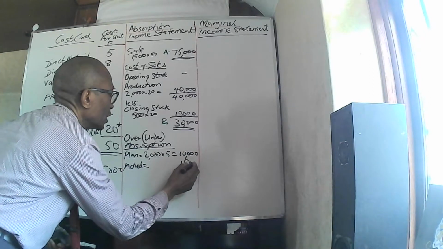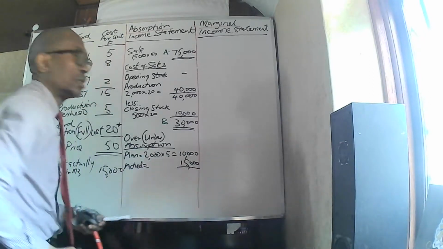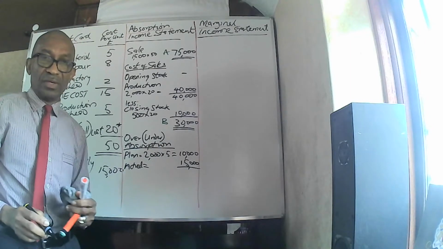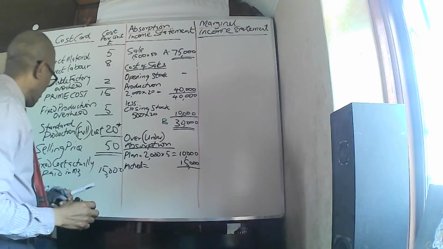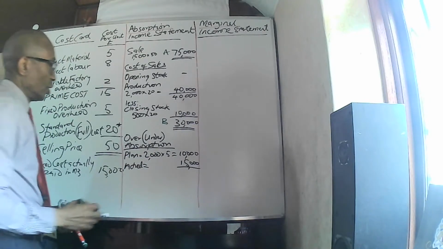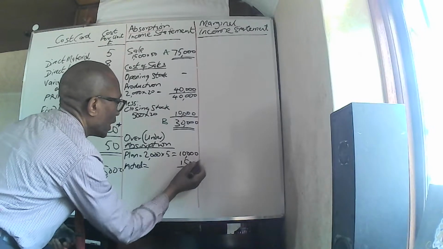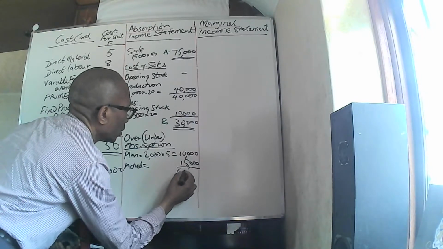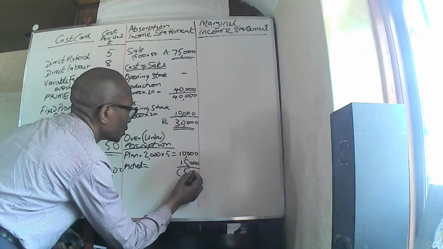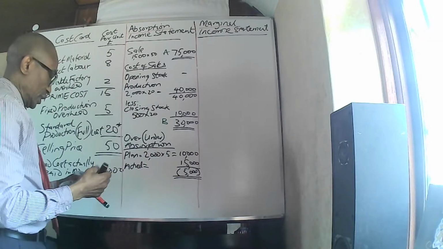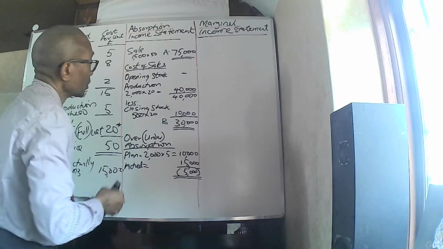We are told they paid 15,000 fixed overhead for the month. So under absorbed, because they didn't absorb enough, 5,000. I will call this C.